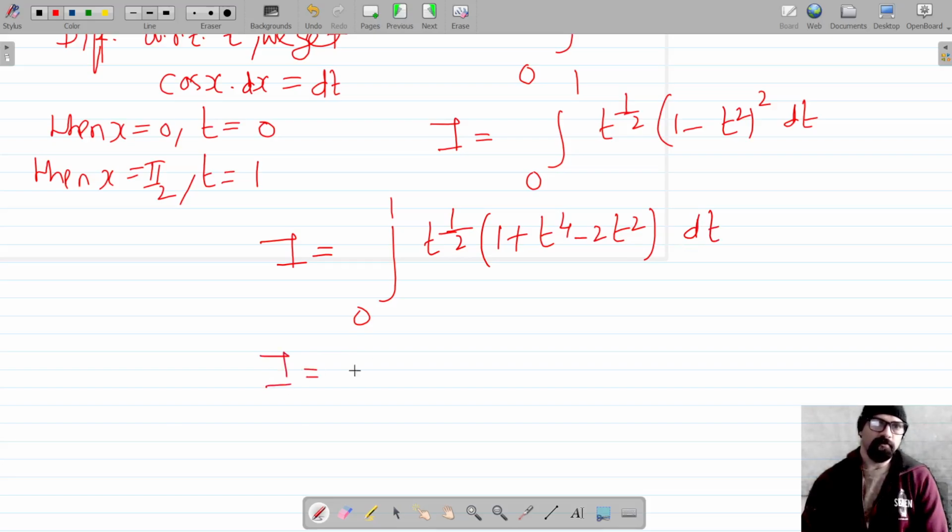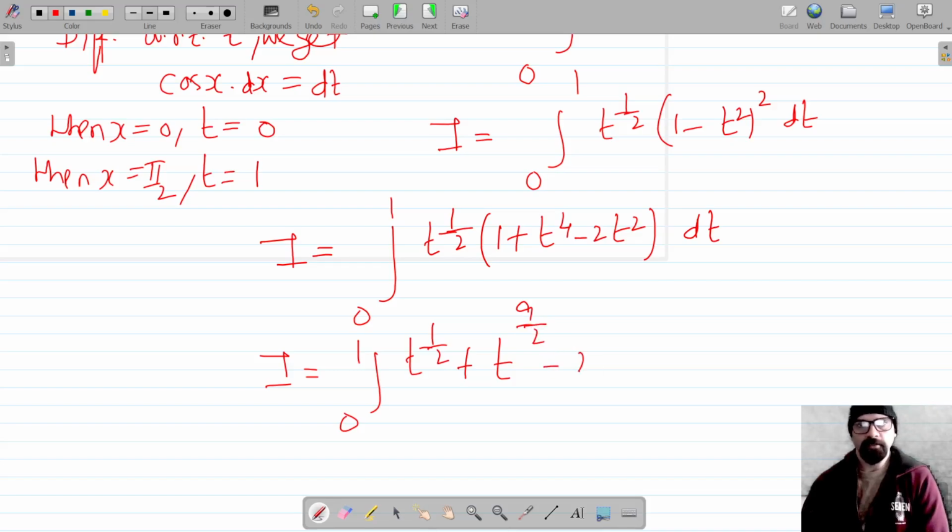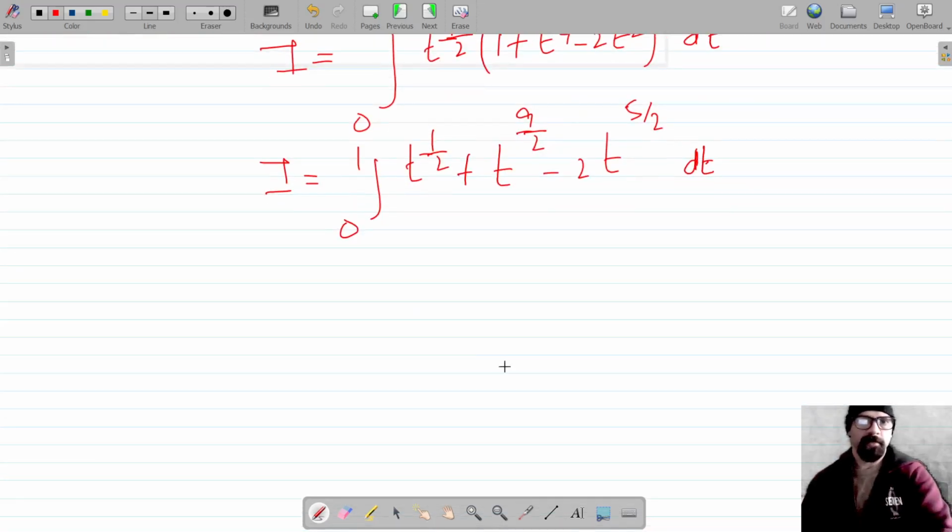Finally, if we open that, this is 0 to 1, t raised to the power half, plus t raised to the power half plus 4, so half plus 4 is 9 by 2, minus 2 into t raised to the power half plus 2, which is 5 by 2, into dt. Okay, so let's integrate this now.